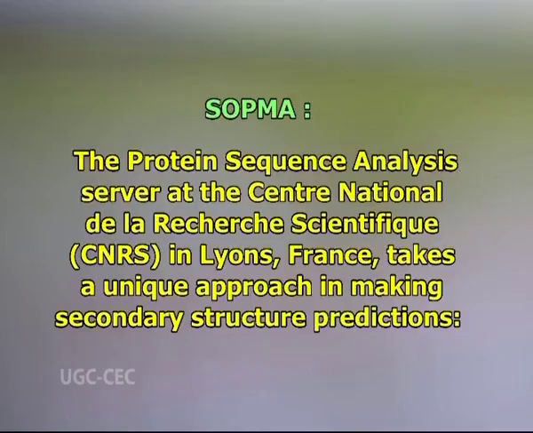Number 4, SOPMA. The protein sequence analysis server at the Centre National de la Recherche Scientifique, that is CNRS, in Lyon, France, takes a unique approach in making secondary structure predictions.